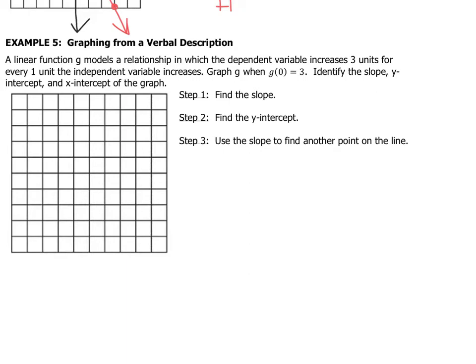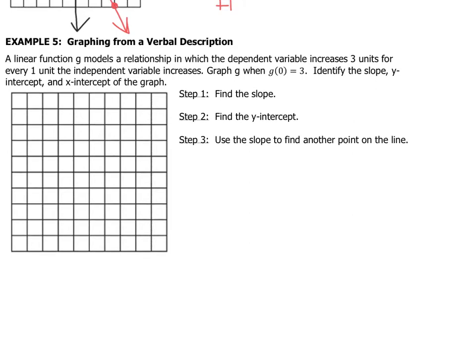So a linear function g models a relationship in which the dependent variable, remember that's the y, increases, so plus 3 units for every 1 unit. So a 3 to 1 when the independent variable, which is the x, increases also. So really it's a plus 3 over a plus 1.